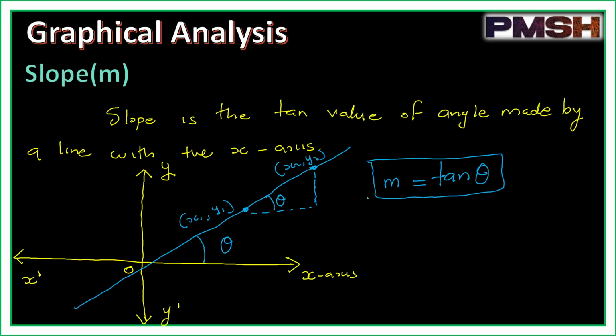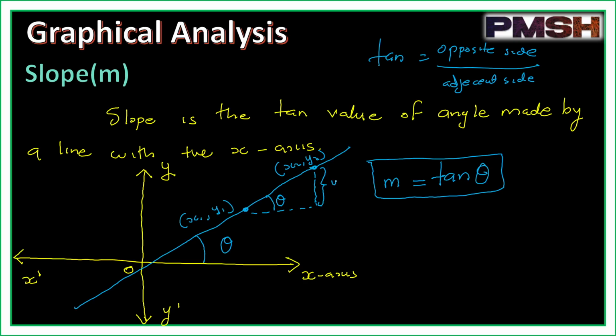Clear? We know tan theta is nothing but opposite side divided by adjacent side. We have learned this in trigonometry. Tan means opposite side by adjacent side, isn't it? So here opposite side is this one.